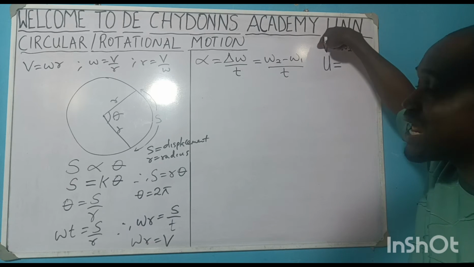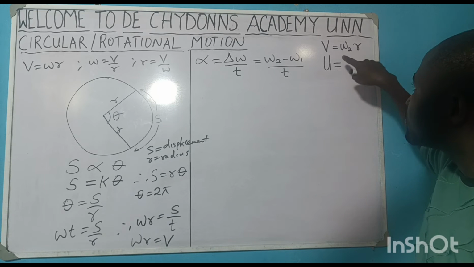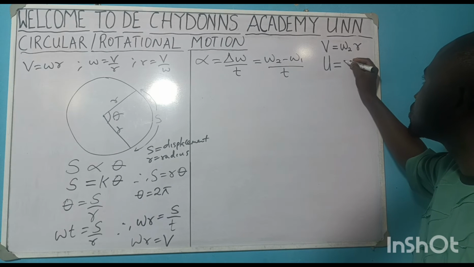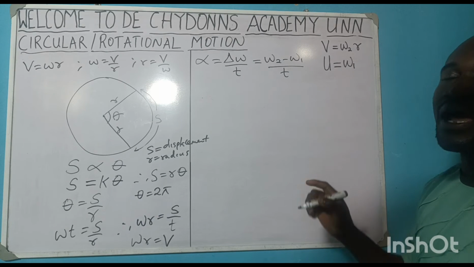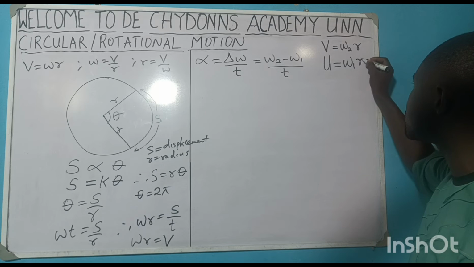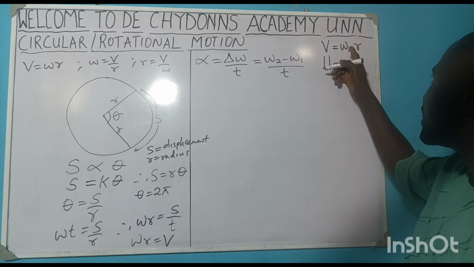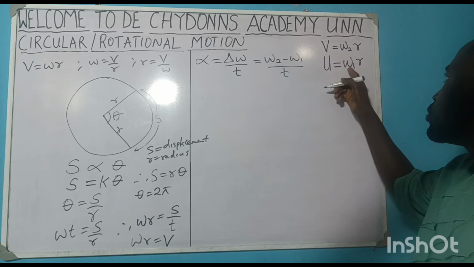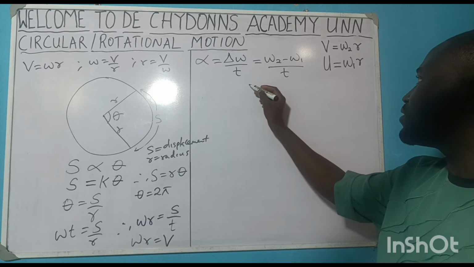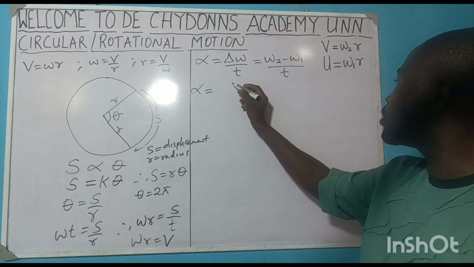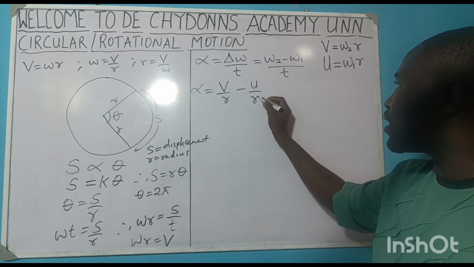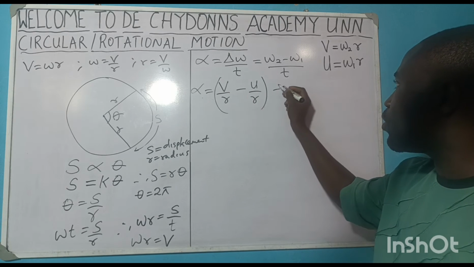Then initial linear velocity is equal to initial angular velocity times radius. So here I'll have W2 equal V over R, and W1 equal U over R. So I'll have alpha equals V over R minus U over R divided by this time.